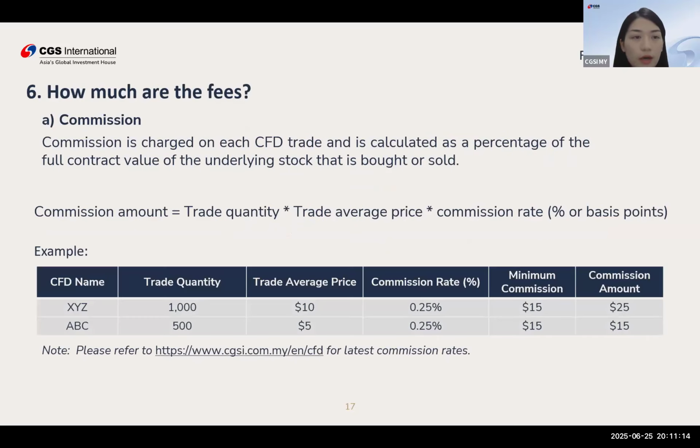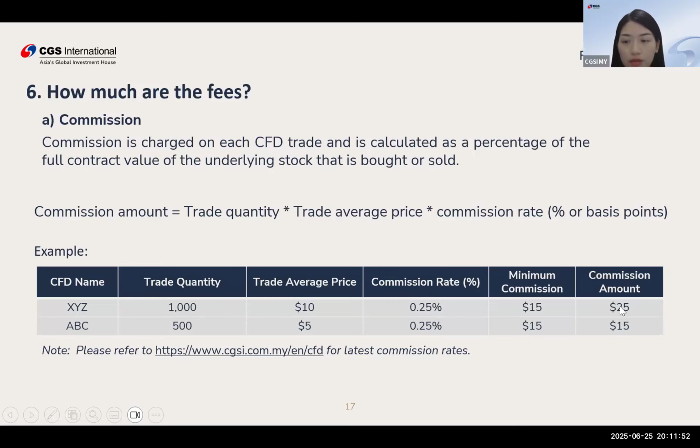Okay, so right now you might wonder how much the fees are. We have a commission fee. The commission fee is charged on each CFD trade and is calculated based on the percentage of the full contract value of the underlying stock that you bought or sold. The formula is commission amount equals trade quantity times trade average price times the commission rate. So for example, if you are buying 1,000 units of XYZ at $10, the commission will be 1,000 times 10 times the commission rate of 0.25%.